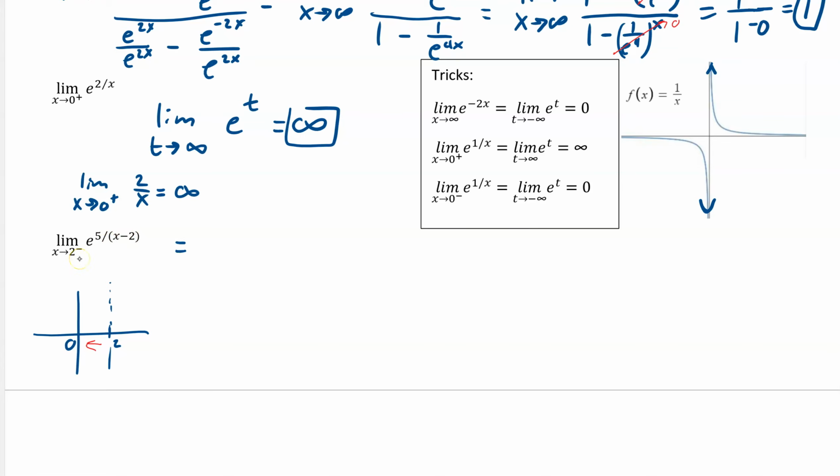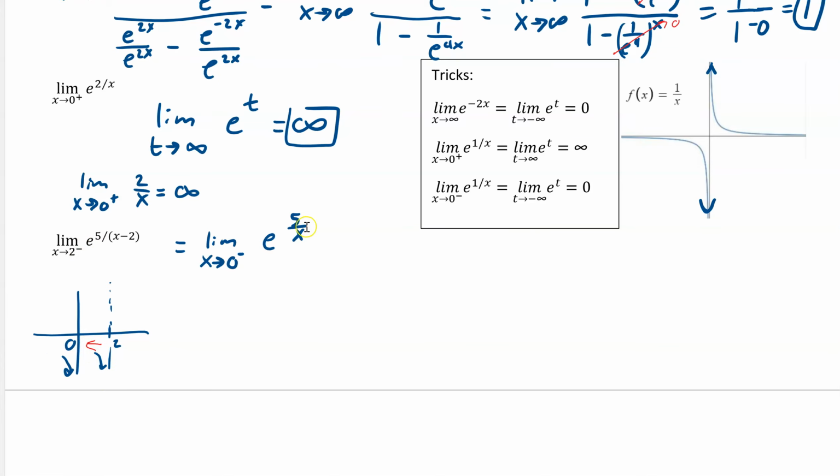So this is really the limit. We still have to keep the minus because, again, we're approaching from the left, and so we need to approach from the left on the 0. But we're going to rewrite it, and I'm just going to leave it as x just because I'm going to rewrite it into a new problem that is basically the same thing, like that. And so this does the same thing. As we approach 2 from the left, we go to negative infinity.